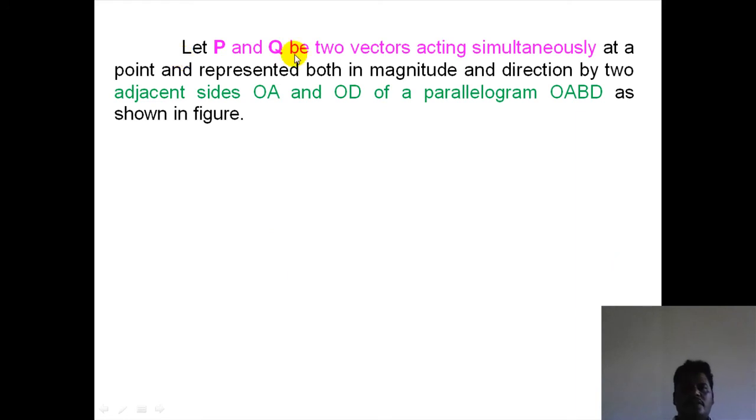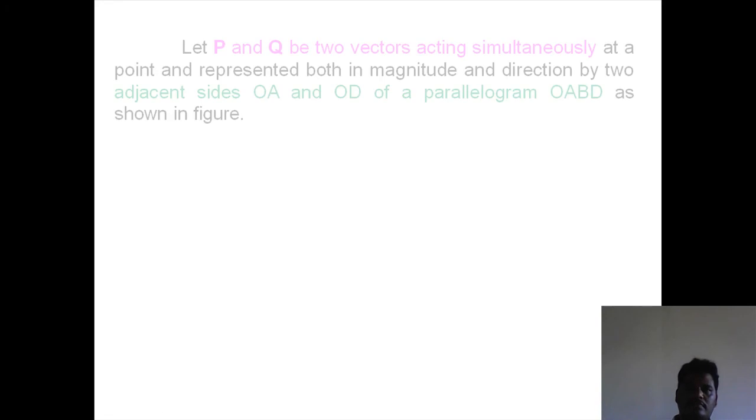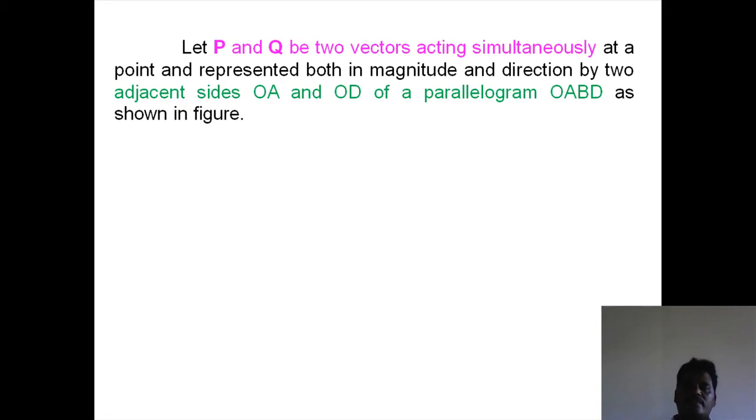Let P and Q be the two vectors acting simultaneously at a point. At a point means passing through point O. Then the forces are called concurrent forces. We already discussed in the first video that concurrent forces are the forces passing through a single point.